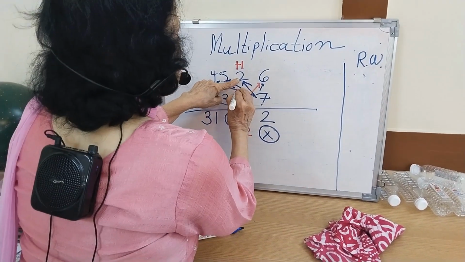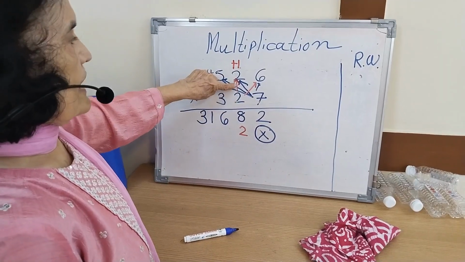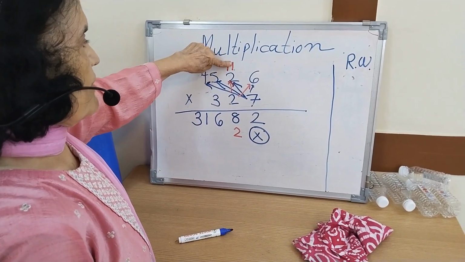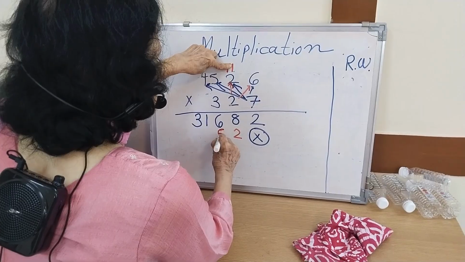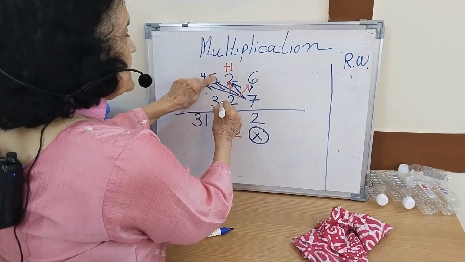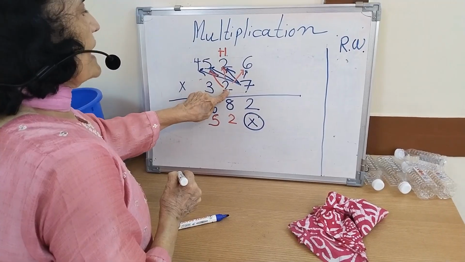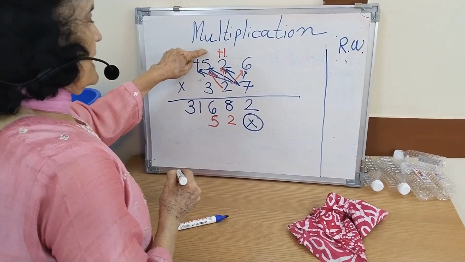Now we are going to take this. 2 2s are 4 plus 5. So we will write 5 here directly. Now the third digit here we are going to use. 5 2s are 10 plus nothing here.